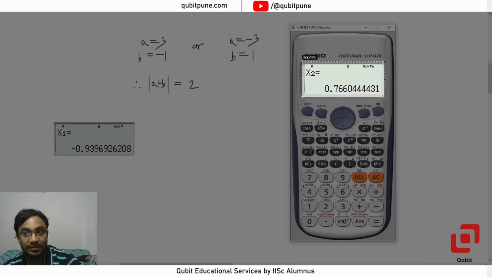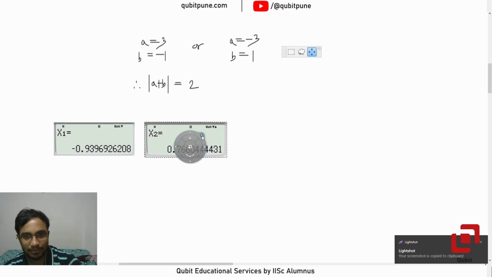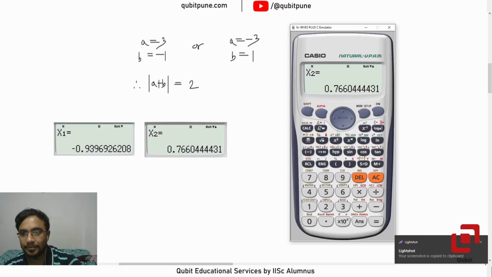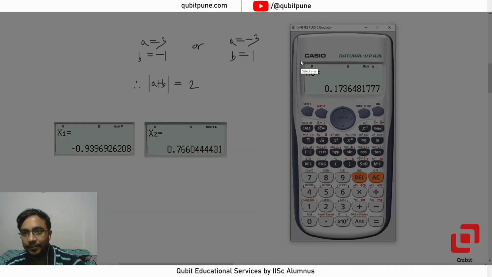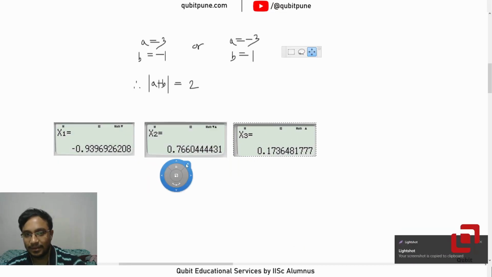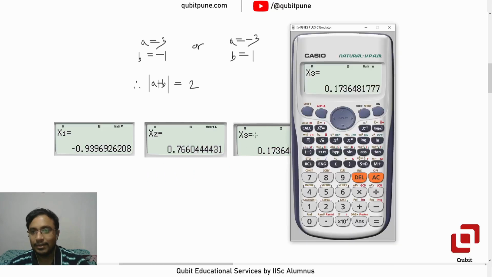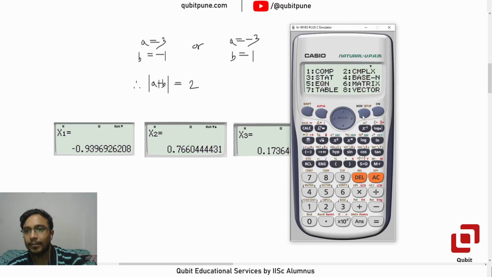I think this cos 40 is x2, and I don't know what the other is, but let's find it out. First of all, I will find out cos 40 degrees.